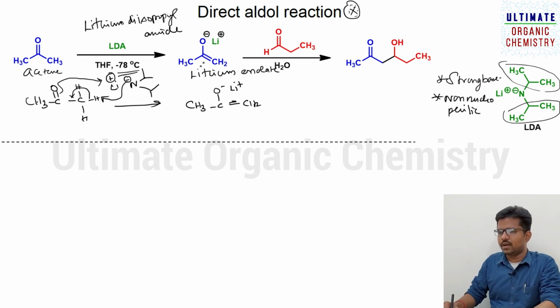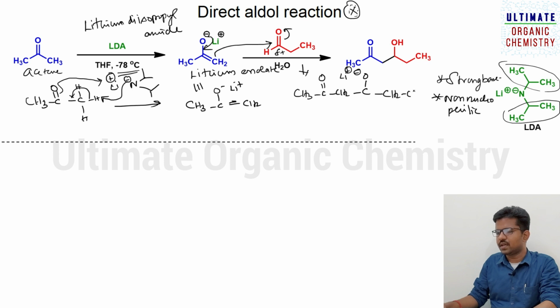So now these two are the same. Now when this electron is coming back, it will directly attack this positive center of C double bond O, electron will move towards oxygen atom, and it will provide O minus, lithium plus, because this lithium will go towards oxygen atom, and here you have CH2, CH3.